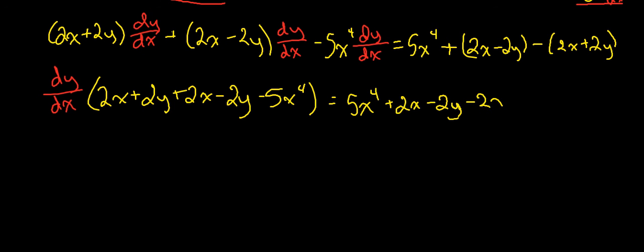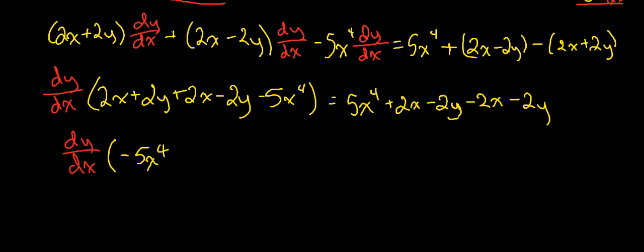minus 2x minus 2y. And now maybe we can do a bit more simplification while we're at it. We want to get dy dx, and on the inside of this giant parentheses, we're going to have a negative 5x to the 4th.